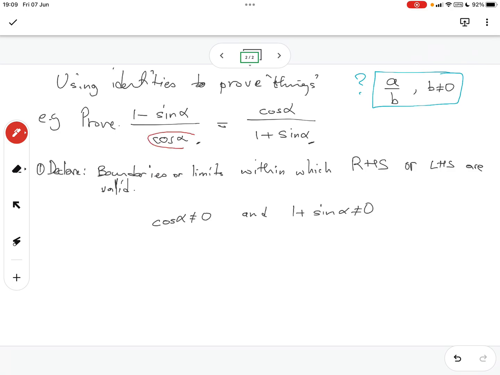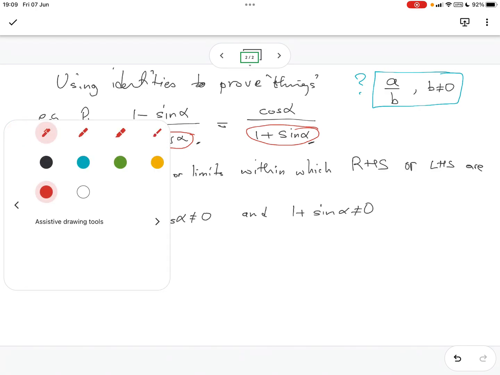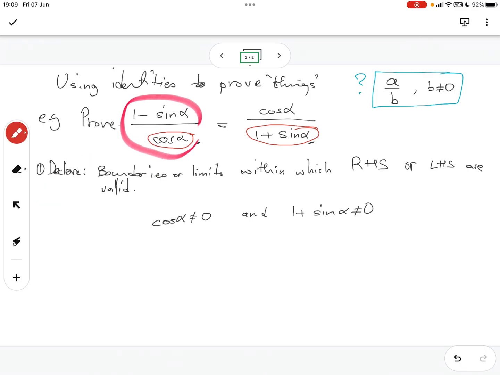We must declare this because if this part of the fraction equals 0, then the fraction as a whole loses meaning, it becomes undefined.